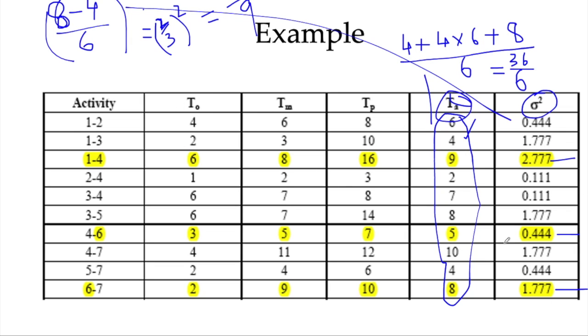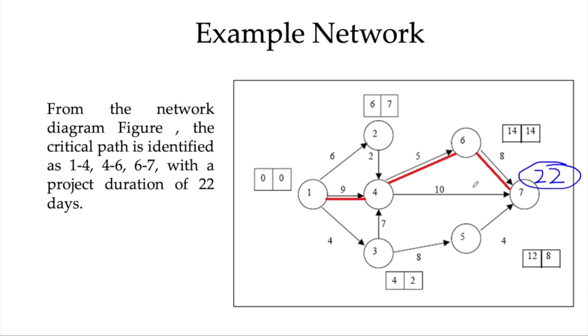So once you have all these things, you can consider the mean time as the time which is normally taken, and now we can use a CPM sort of technique to find out the critical paths. And with this, you will get the mean time of project completion. In this case, that mean time was 22.